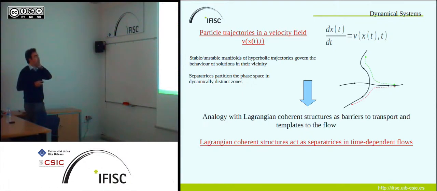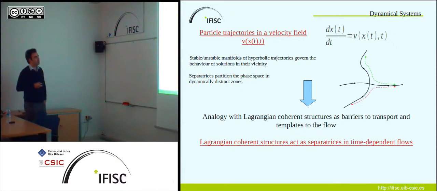And we know that certain trajectories exhibit singular properties, such as stable and unstable manifolds, that impact the behavior of other particles in their vicinity.